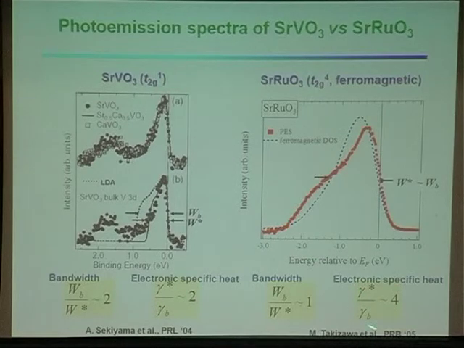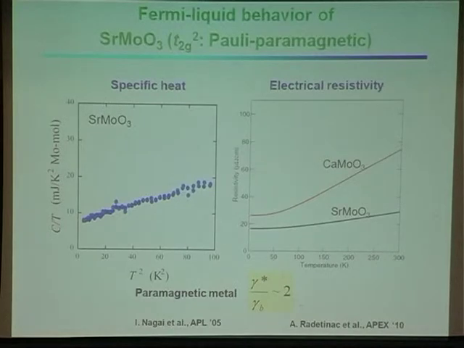But here, the specific heat is enhanced by a factor of 4, very strongly correlated, but the bandwidth does not change very much. Probably U is small in this 4d system, so the bandwidth is not much enhanced, but because of J, the low energy quasi-particle becomes heavy.